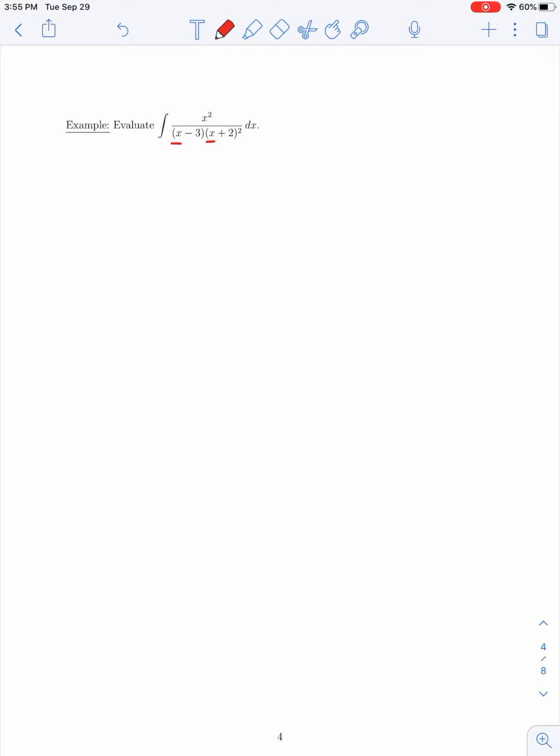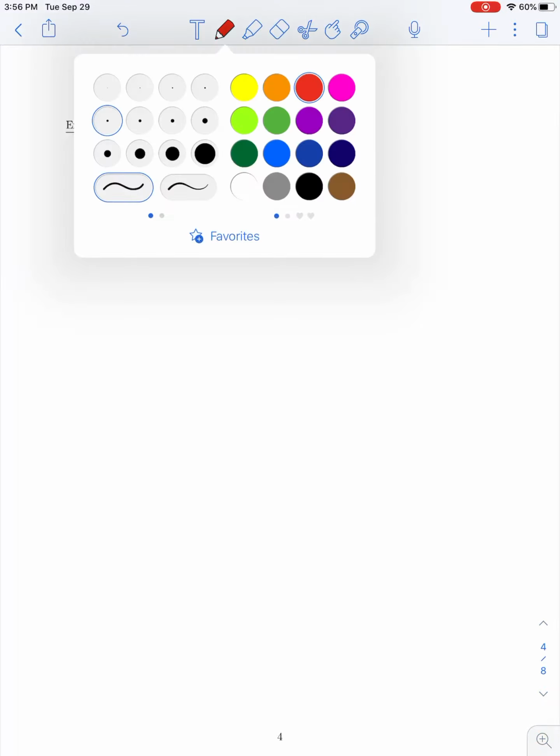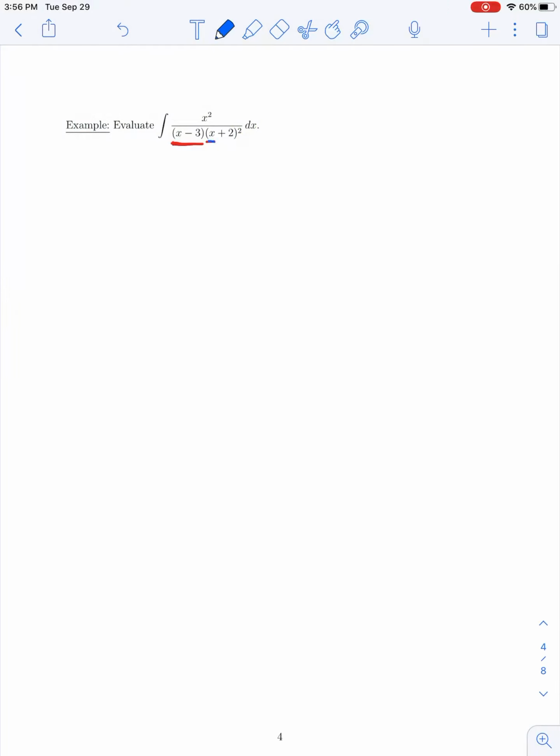Now our denominator is already factored as far as we can. And we see that our denominator is the product of a distinct linear factor, x minus 3, and a repeated linear factor, (x plus 2) squared.